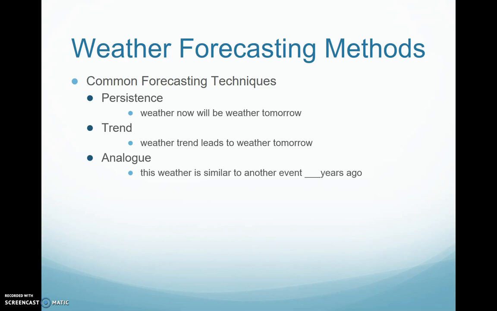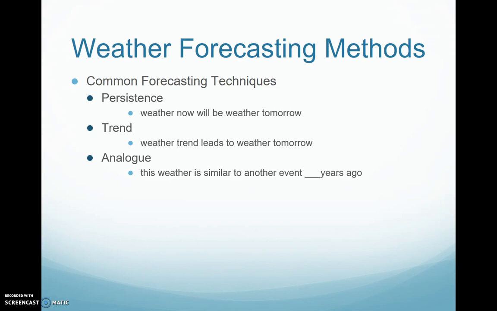Another method or technique for forecasting is the analog method. Basically, you say this weather event is similar to another event so many years ago. For example, if we had a tropical storm or hurricane form in the northern Caribbean that is slowly moving northward, then I would immediately say, oh, this hurricane is very similar to Hurricane Sandy back in 2012.